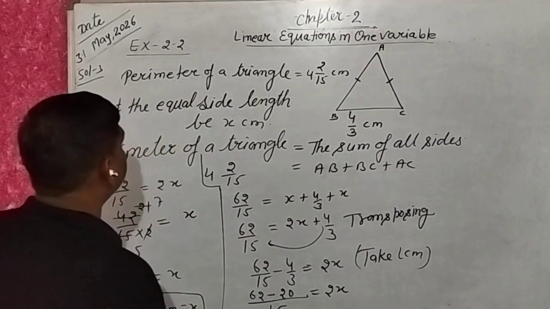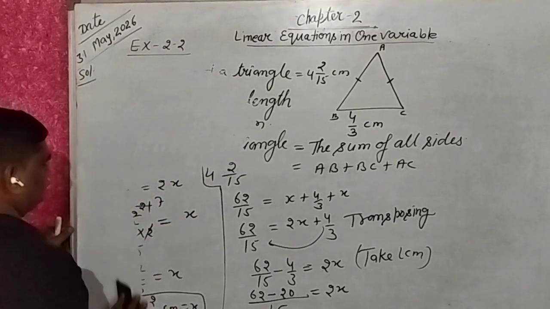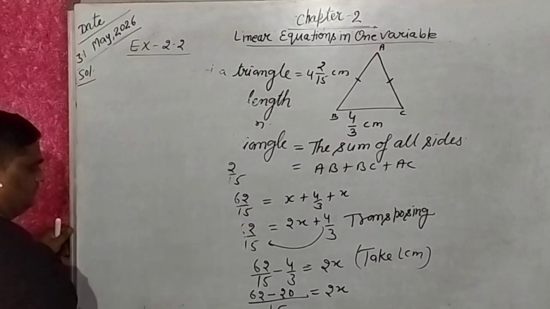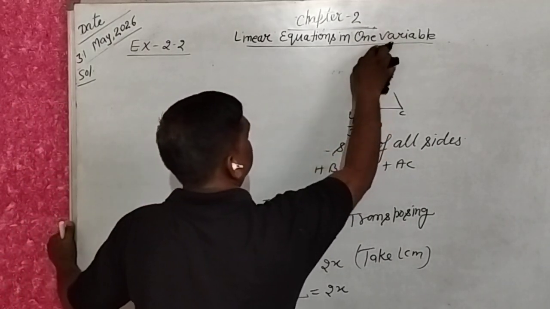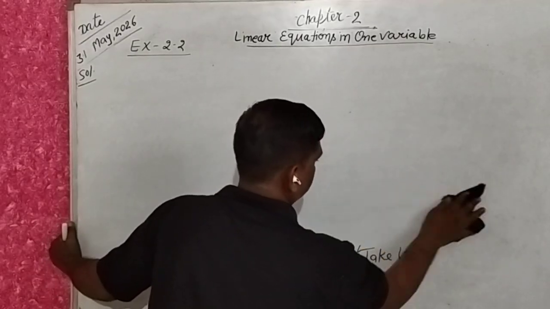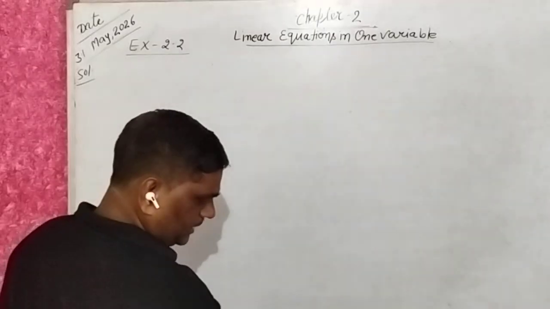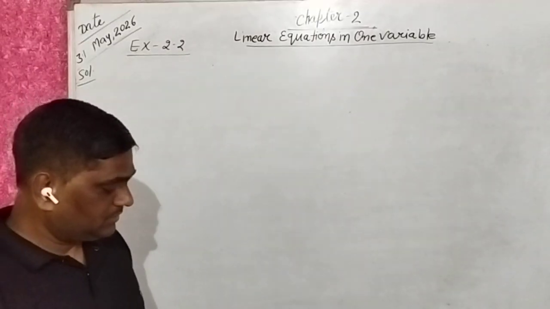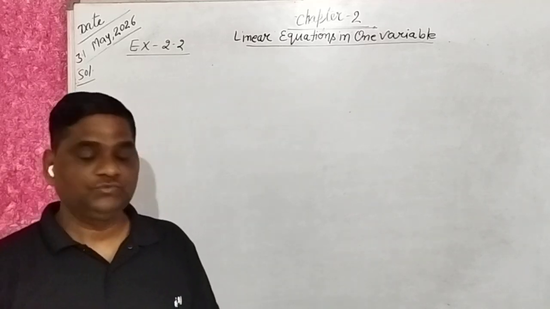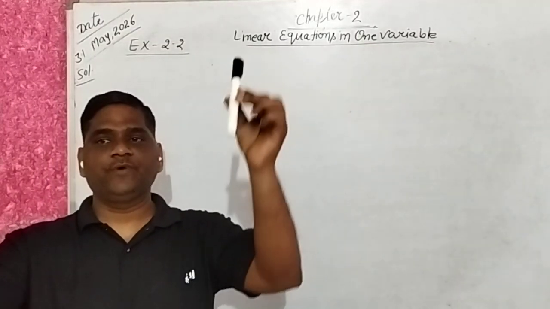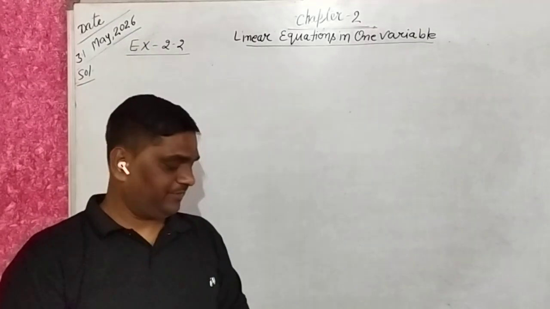Next question. The sum of two numbers is 95.